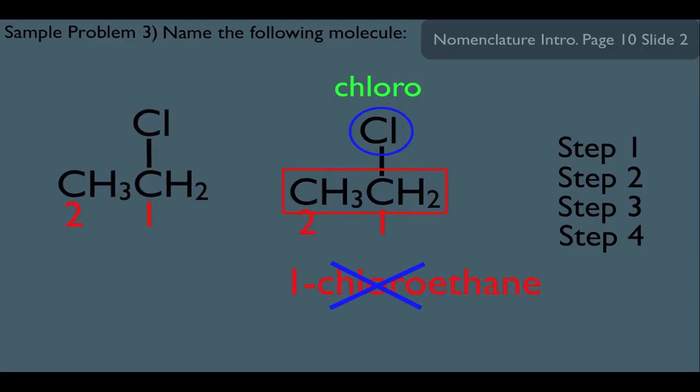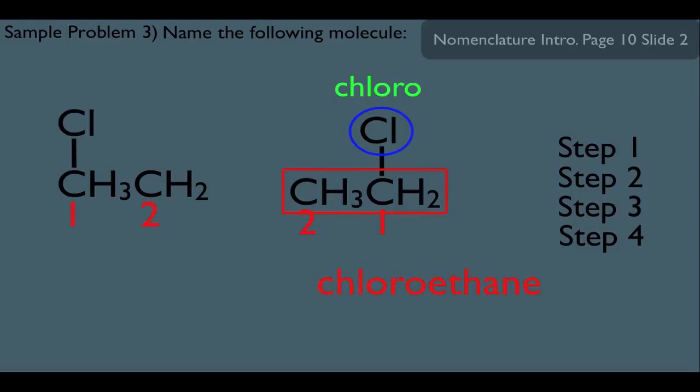If we were to move the Cl over to here, you wouldn't call this 2-chloroethane because moving the chlorine there changes the numbering. Now this becomes carbon 1 and this becomes carbon 2. So there's no need to emphasize that the chlorine is on carbon 1. Therefore, the name of this molecule is just simply chloroethane.